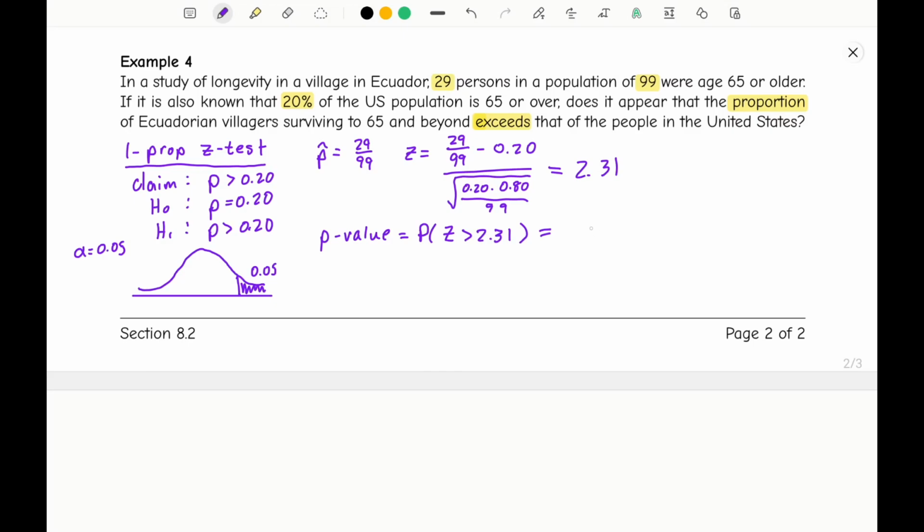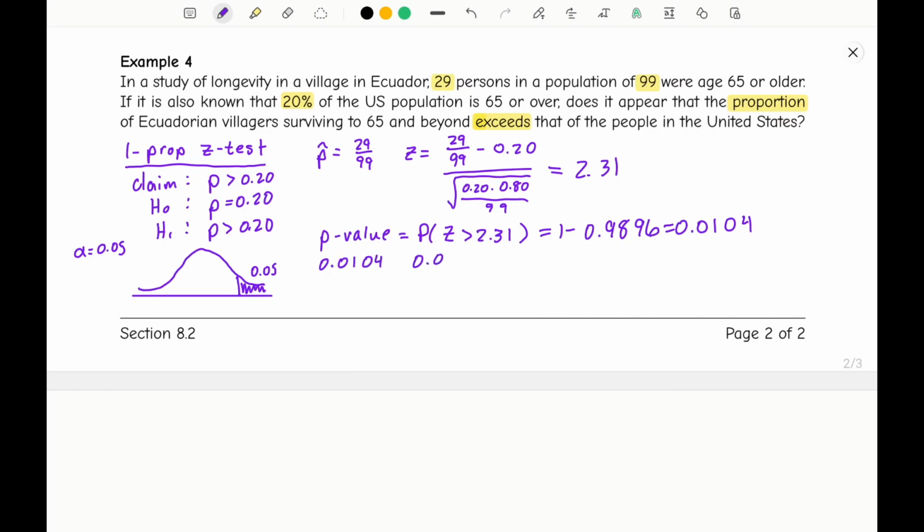That gives me 0.9896. But on the chart, that's the probability of being less than 2.31. So to get the probability of greater than that, I go 1 minus that. So we get 0.0104.